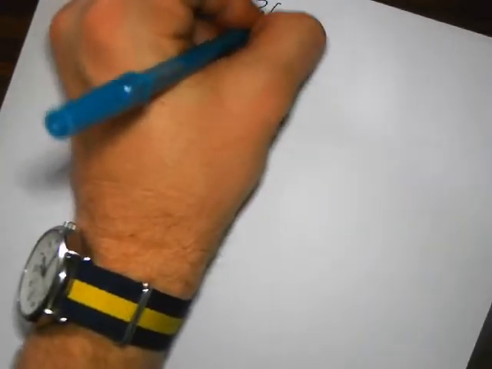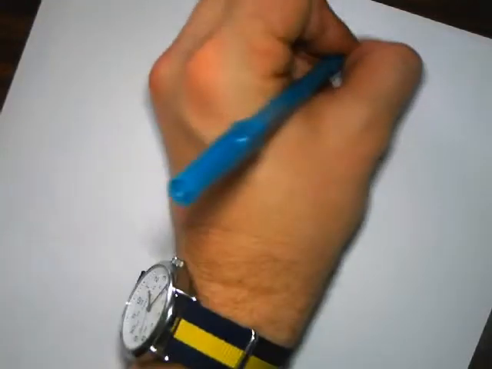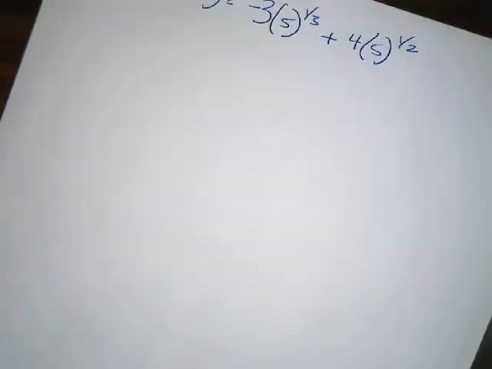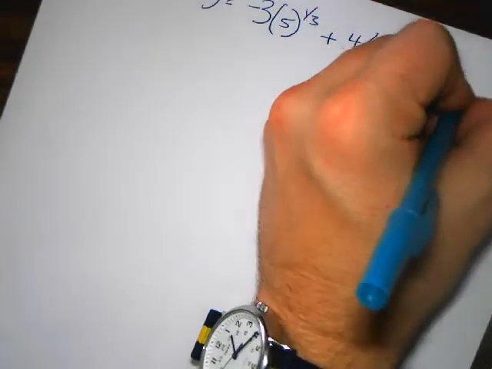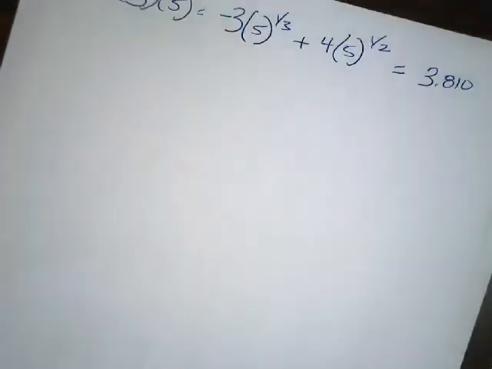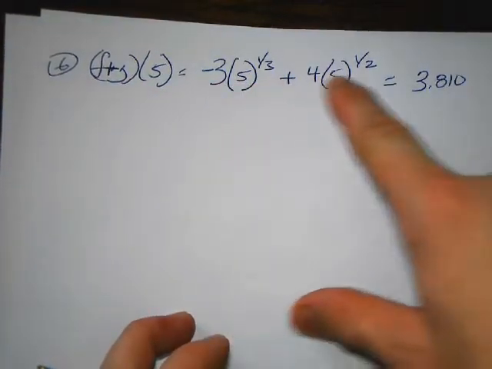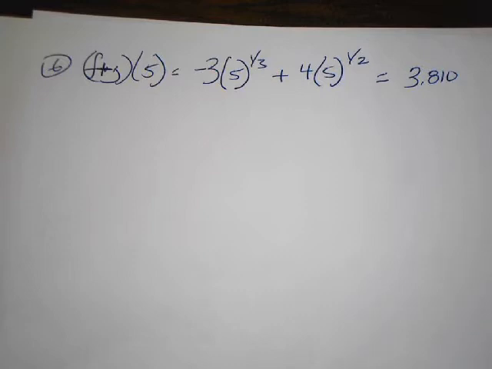So we're going to do -3, and here's where we substitute in 5 to the 1/3, and then you want to add that on your calculator to 4 times 5 to the 1/2. When you do that on number 6, you add them up and you evaluate at 5, your calculator just spits out 3.810. And that's totally fine to leave it like that. You are just going to type it straight up like this into the calculator, and it's going to spit out the answer. You just want to get a little technology practice.